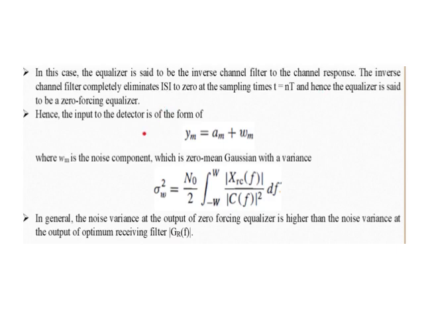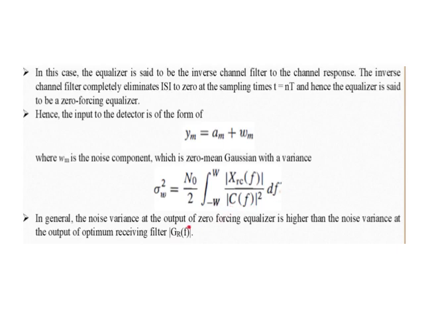In such a case, the input to the detector will be of the form Ym is equal to Am plus Wm. In this equation, Wm is the noise component, which is zero mean Gaussian with the variance defined as sigma w square is equal to N naught by 2 integral of minus W to W of mod of XRC of f divided by mod of C of f, the whole square, into df.